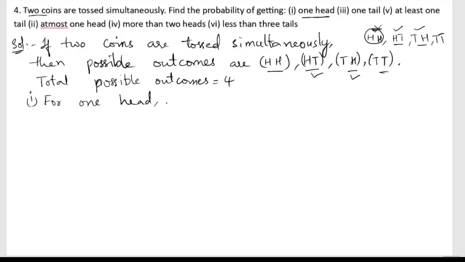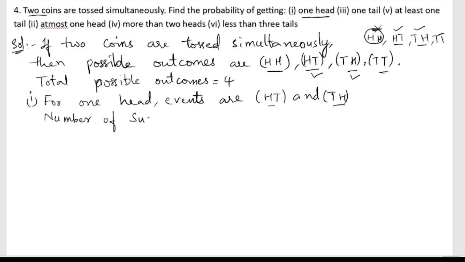So the events are heads, tails and tails, heads. Next, the number of success: we are getting success in this and in this, so the total number of success is equal to 2.